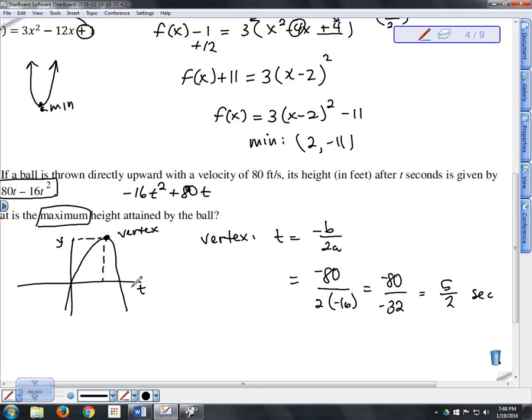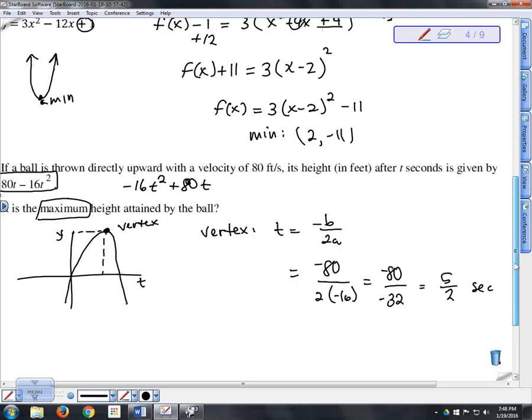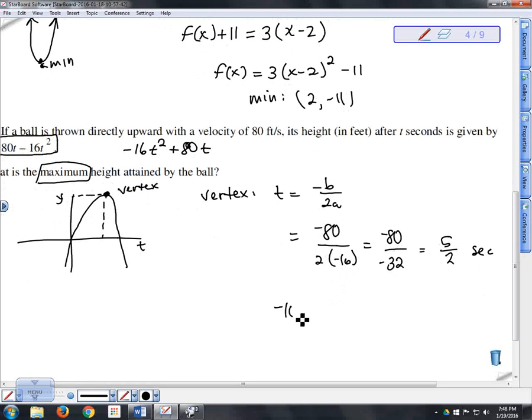So that hasn't actually answered the question. We know when it reaches its maximum height, but we need to know what the maximum height is. So take 5/2 and plug it in to the function. And again, this is totally fine to use a calculator.